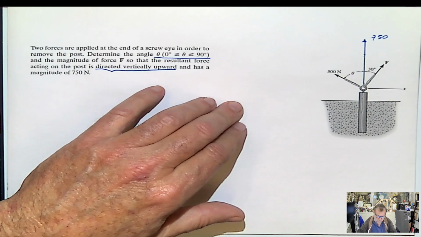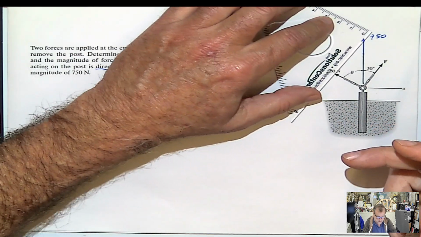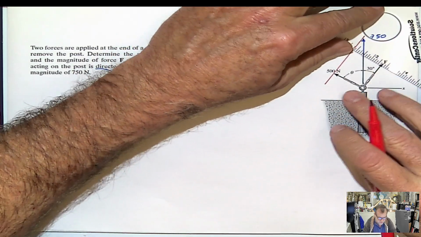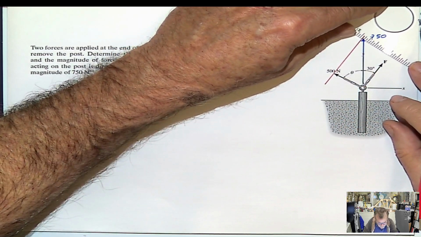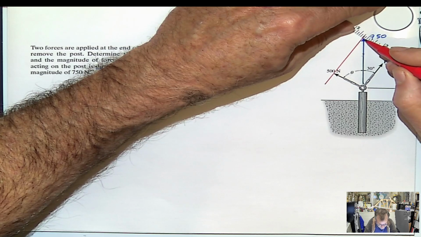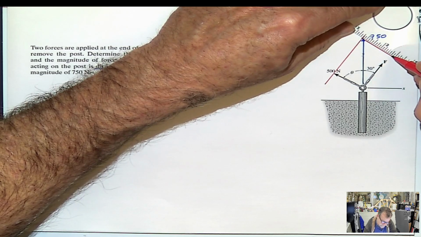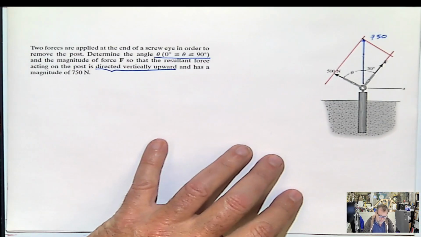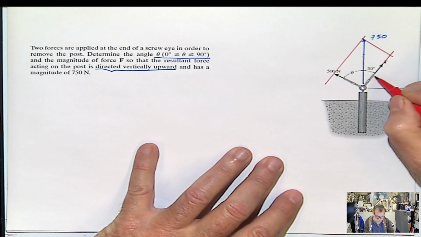So what do we do now? Same thing that we did before. Exactly the same thing. You go parallel to this line, you go parallel to that line, you go parallel to this other line, you go parallel to that other line, and you form a parallelogram right there. This side is F, this is 30 degrees.